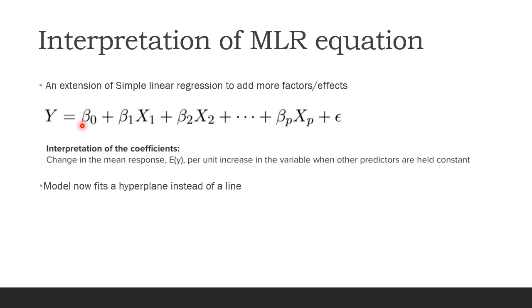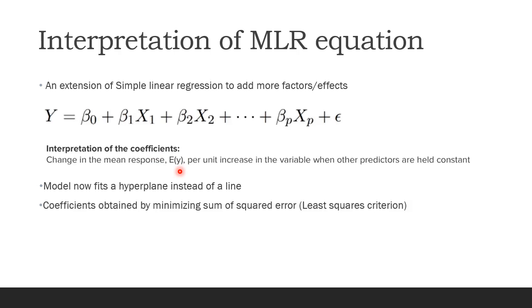Instead of just this portion, we are introducing more variables. So now x2 will take this from 2 dimensions to 3 dimensions, x3 will take it to another dimension. You can imagine this as a hyperplane having multiple dimensions, and each aspect of that plane is defined by beta 1, beta 2, beta 3, and so on. That plane is defined by the values of these coefficients.